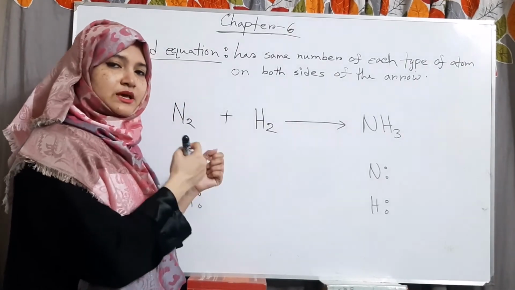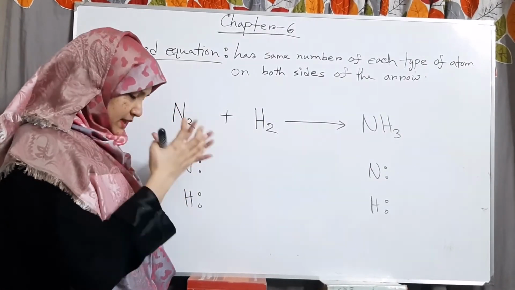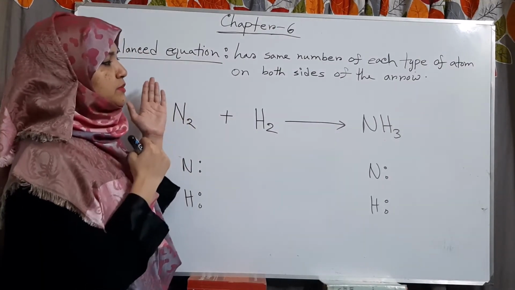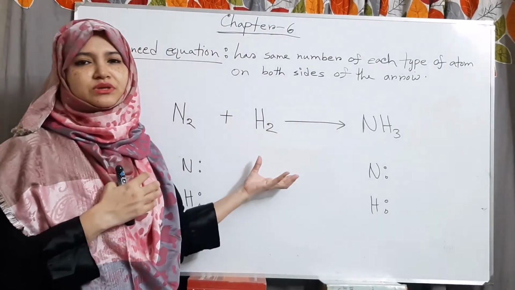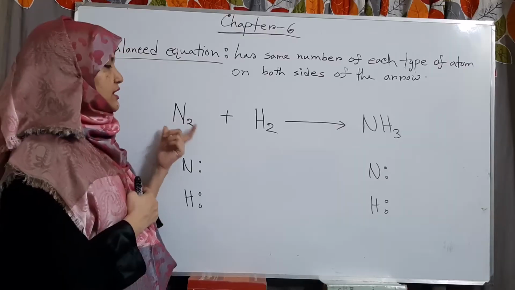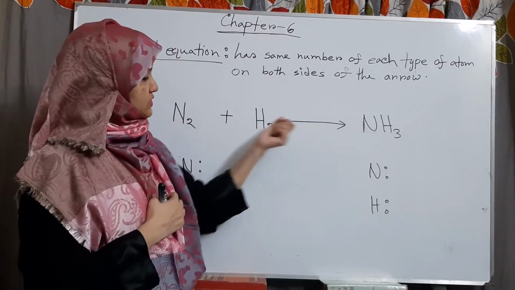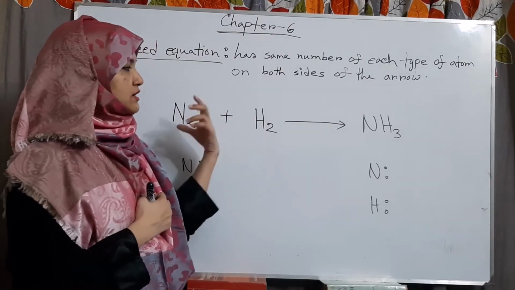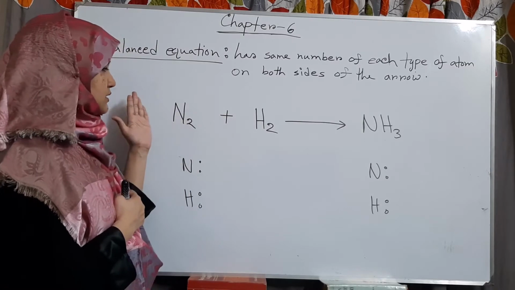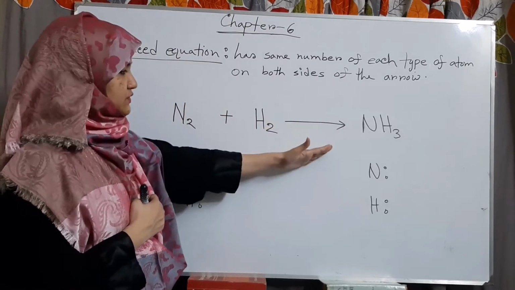We can balance the chemical equation by following some steps, by making a simple chart and doing a little bit of math. Let's take an equation. In this equation, nitrogen and hydrogen atoms are present on both sides of the reaction.